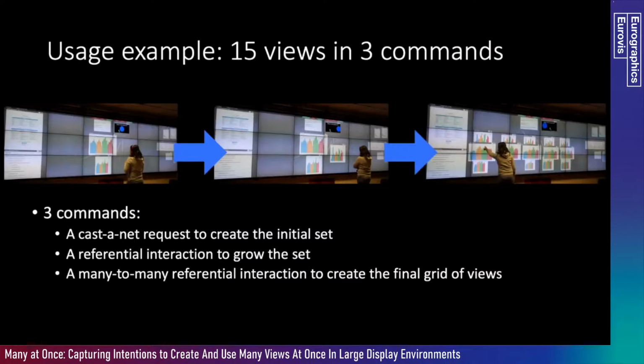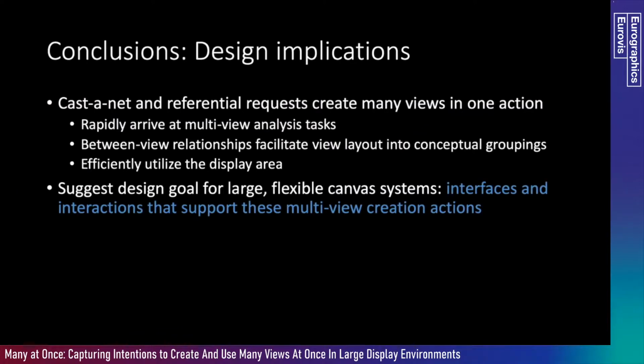To return to the initial example that I mentioned at the beginning of this talk, this participant was actually able to arrive at the 15 views on the display in 3 commands, which combined Castanet and referential interactions. So in conclusion, there are some design implications that we could potentially learn from this study. The Castanet and referential requests that I described previously allowed participants to create many views in one action.